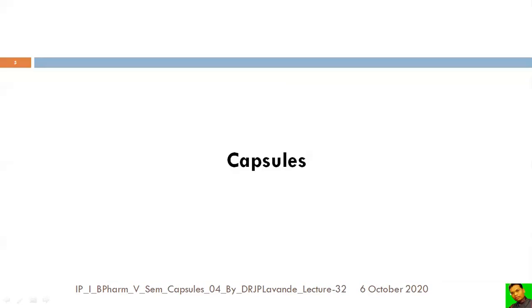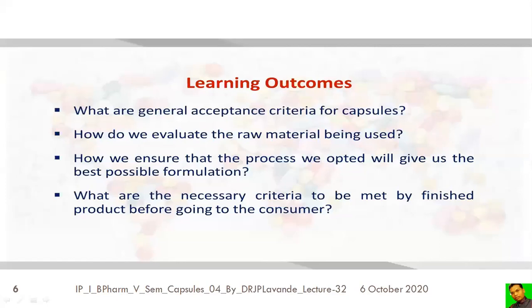So, dear students, we are on to the capsules, and today we will try to find some of the answers to a few questions. These questions are related to: what are the general acceptance criteria for the capsules? How do we evaluate the raw materials being used?